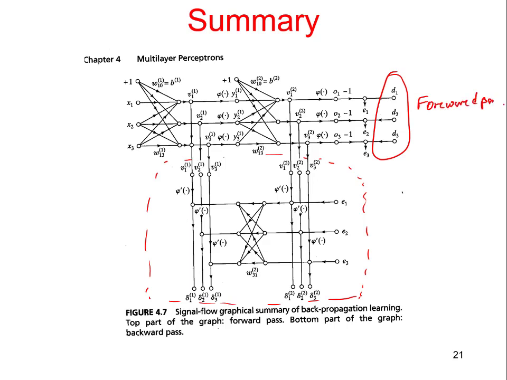This is the forward pass and this is the backward pass. So that is the equation with which we compute the local gradient, the inputs and the output of the signal flow.